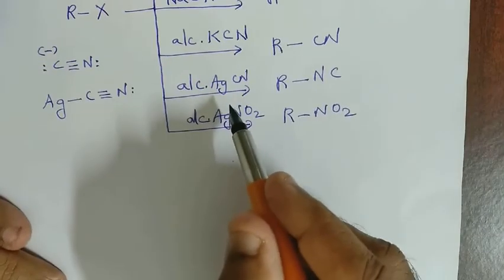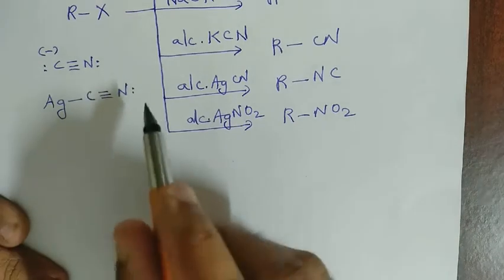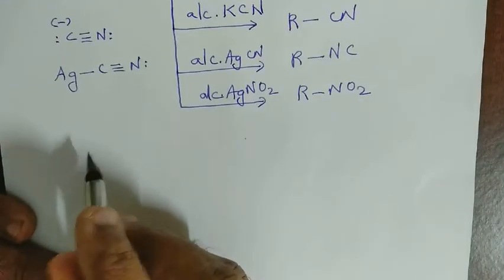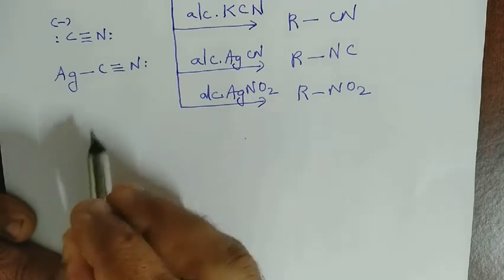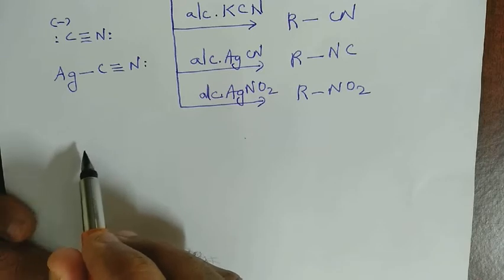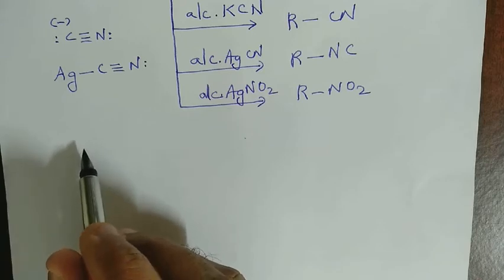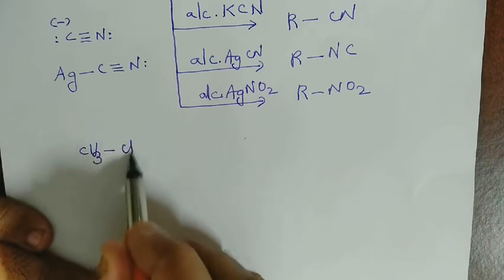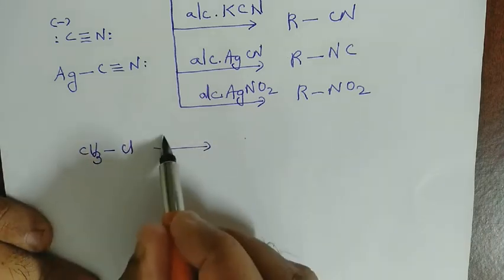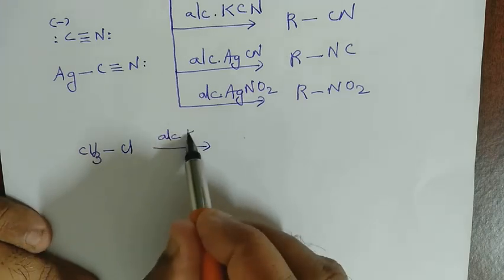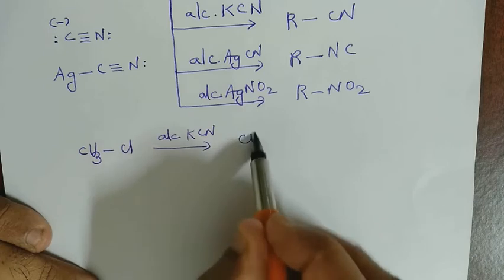These are some examples. Out of these conversions, conversion into cyanide is most useful. It helps to elongate the carbon chain, that is, to increase the number of carbon atoms by 1 unit. For example, methyl chloride can be converted into methyl cyanide by treating with alcoholic KCN.